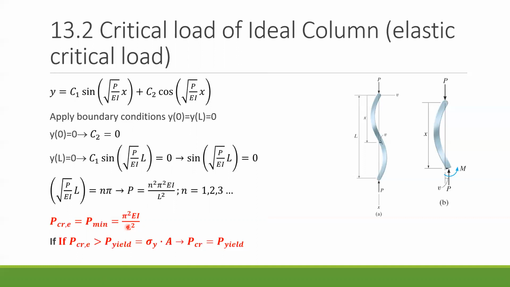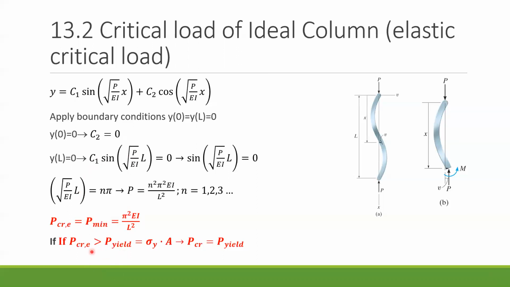Another name for this P critical load is the Euler buckling load. In our question, it is also our critical load. If our P is greater than this load, our structure passes into the unstable state.